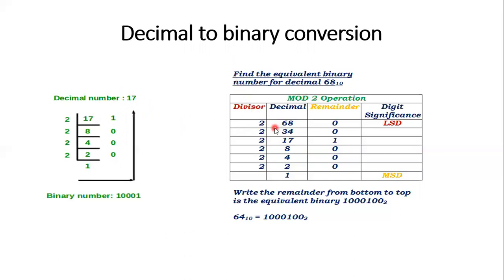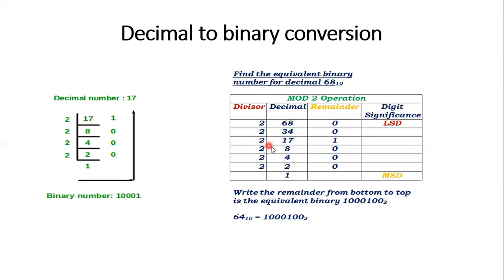Again, the same thing I am representing like this. Convert 68 base 10 into binary. First, 68 divided by 2 is 34. There is no remainder, therefore we put 0. Again, 34 divided by 2 is 17, the remainder is 0, so you put it here.